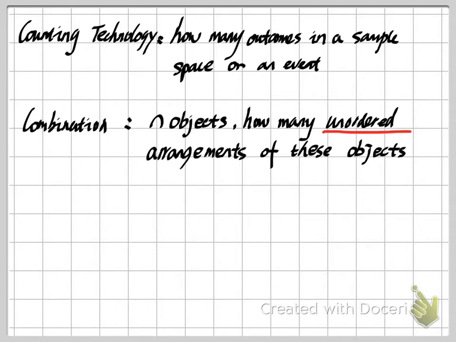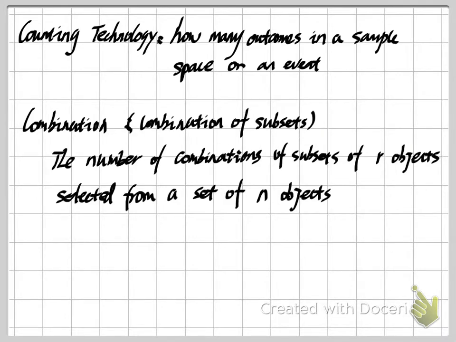This means we want to select R objects from the total N objects. Let me write down: this is unordered arrangement. This is very important for the combination.